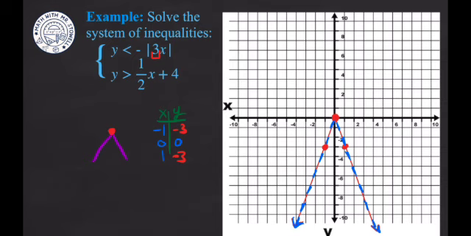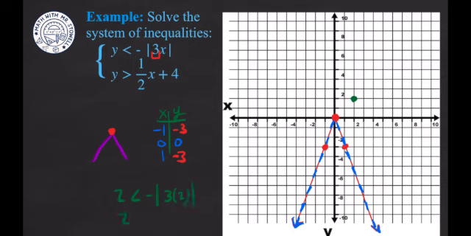For figuring out where we shade, what we are going to end up doing is just pick a random point, either on the inside or the outside. Does not matter where. I'm going to end up choosing, let's do 2, 2. Let's choose that point right there. 2, 2. So this would be 2 is less than negative absolute value of 3 times 2.